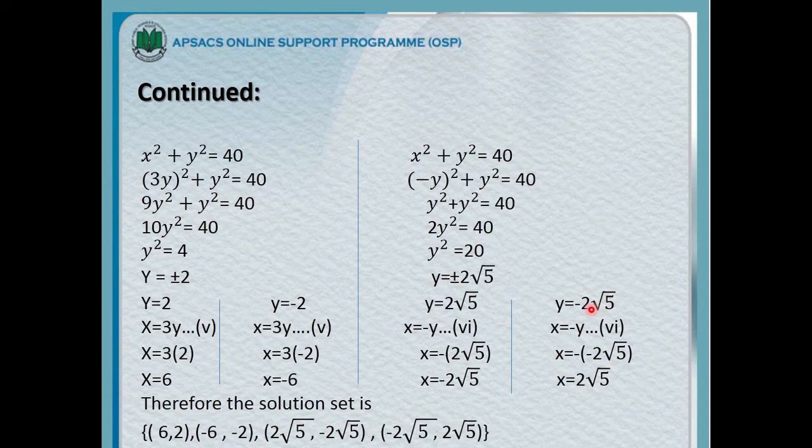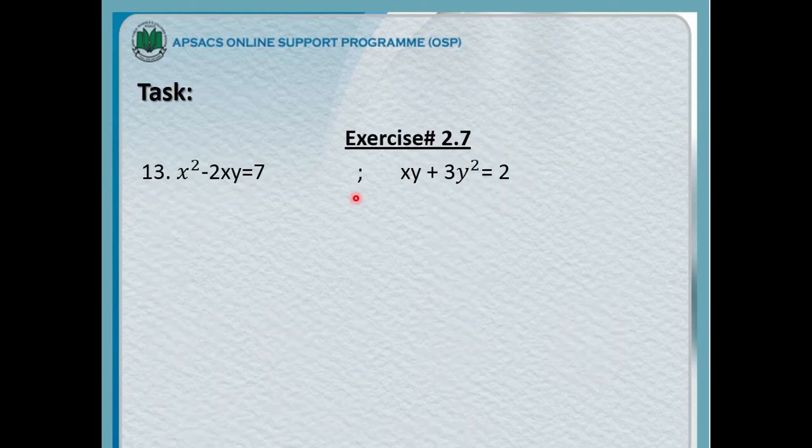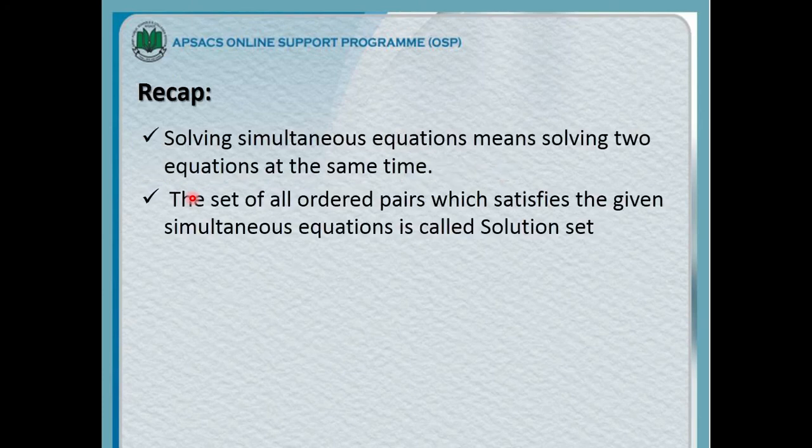And by putting minus 2 root 5 in equation number 6, we get x equals 2 root 5. Therefore, by combining the corresponding values, we get these ordered pairs, and these ordered pairs make the required solution set of the given simultaneous equations. Now students, we have to do question number 13 of exercise 2.7.